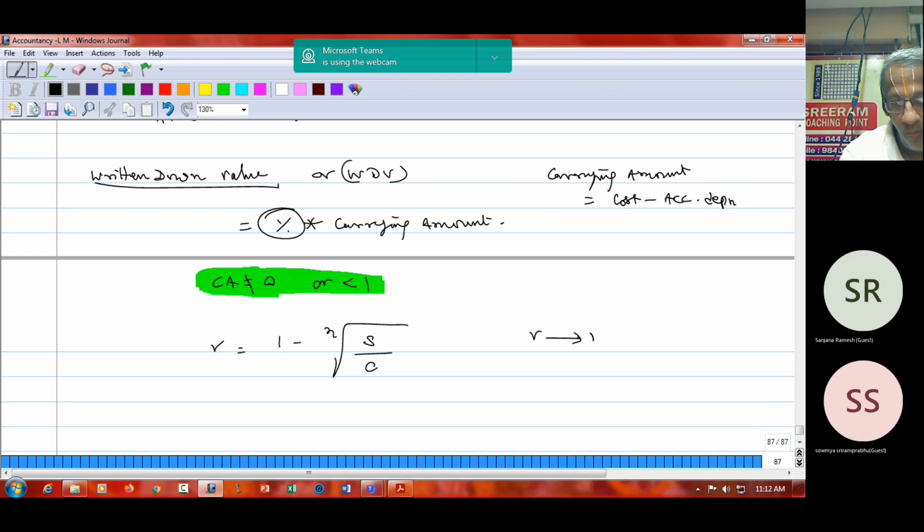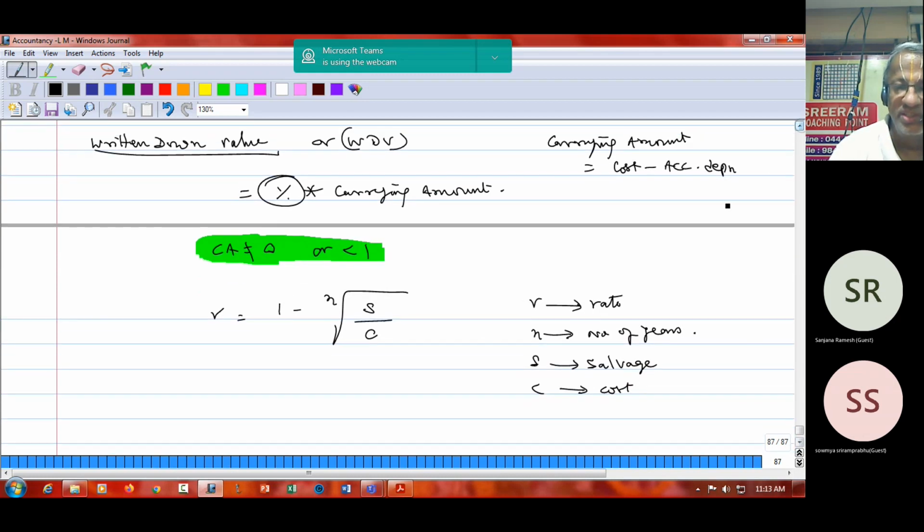I studied this in maths, you are not studying it in accounting. We had it, but it was deleted under the syllabus correction. We didn't have the computation. Now, this is the formula: 1 minus the nth root of salvage value divided by cost.